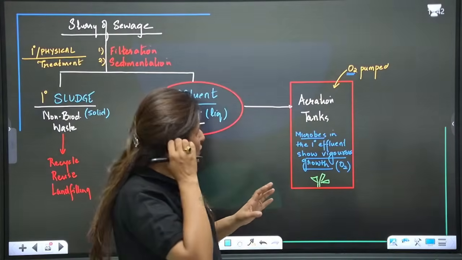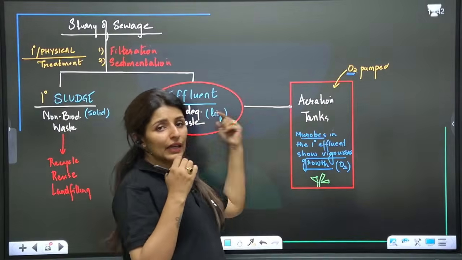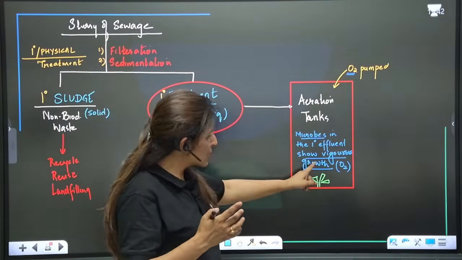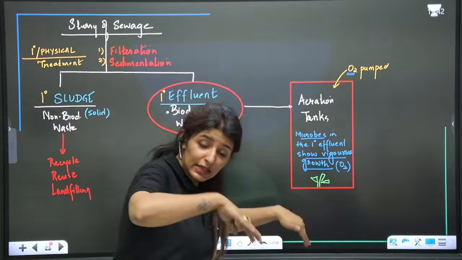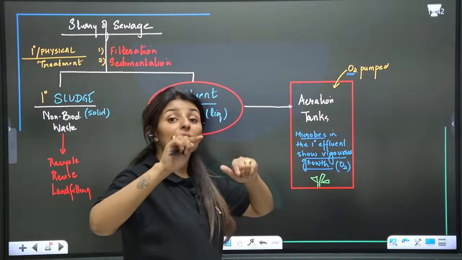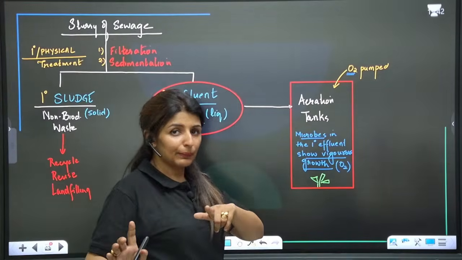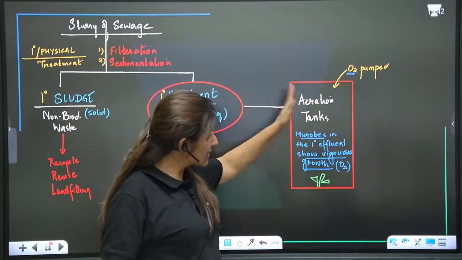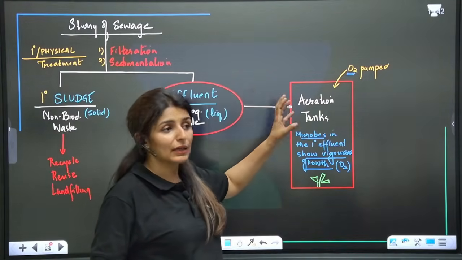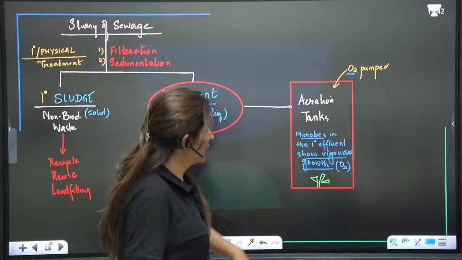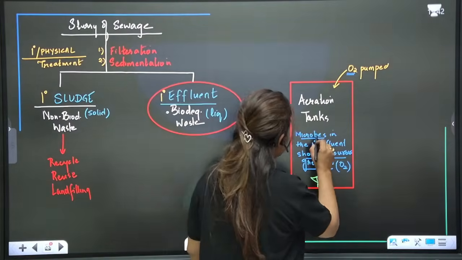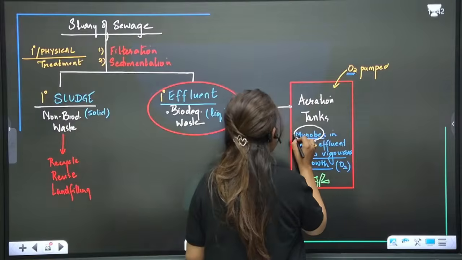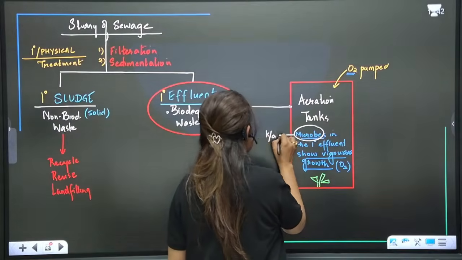Is that clear? So this effluent will stay in the aeration tank for a few hours till the microbes increase, and now these microbes themselves will break down the organic matter. So the major time is going to be spent in this aeration tank. This is the tank where the real process takes place. Is that clear? Now, these microbes, guys, are known as flocks.